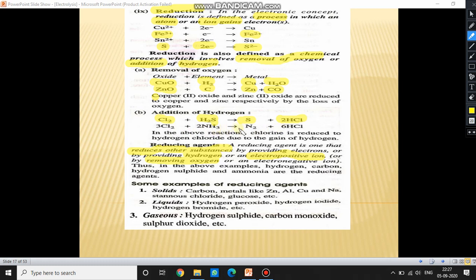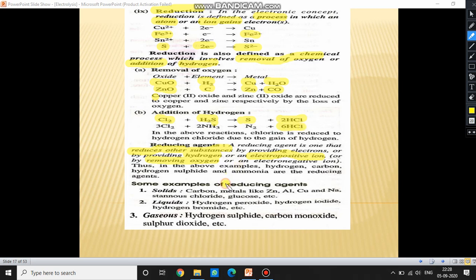Because it is losing its hydrogen, and as a result Cl2 is adding hydrogen to itself and becoming HCl. So addition of hydrogen is called reduction. So we say chlorine gas is getting reduced. And what's happening to ammonia? We say that ammonia is a reducing agent because it's losing its hydrogen. I hope this concept is clear.